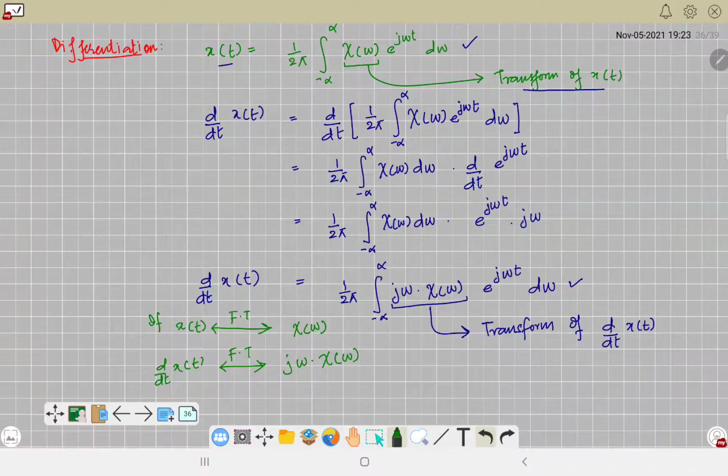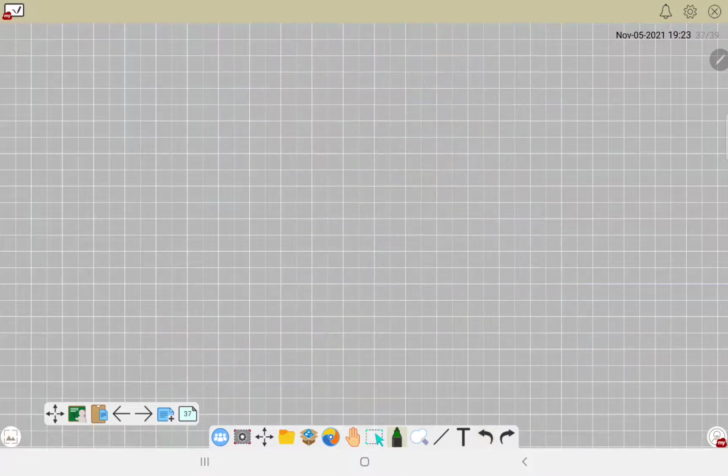Right? Now you see the inverse operation of differentiation, that is integration. So we can just extend this, and I think this will be a kind of assignment for you.